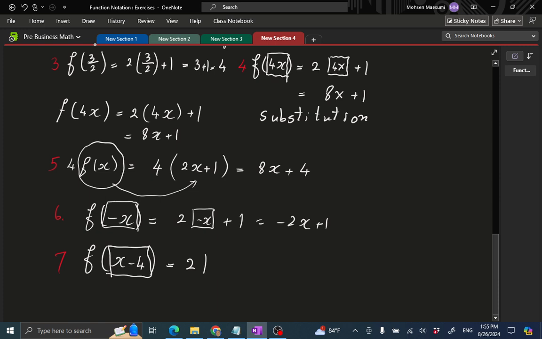Remember, this is twice the box plus 1. Now fill in the box with whatever was there. Of course, officially they use parentheses instead of a box. Now you carry out 2x minus 8 plus 1, so that is 2x minus 7.